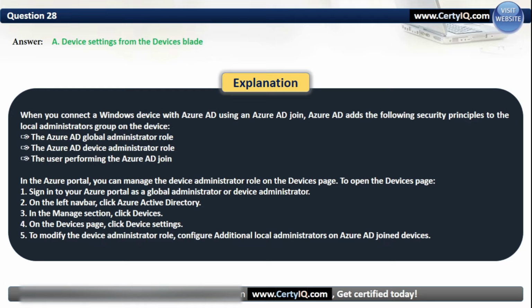To open the Devices page, first sign in to your Azure portal as a Global Administrator or Device Administrator. Second, on the left nav bar, click Azure AD. Third, in the Manage section, click Devices. Fourth, on the Devices page, click Device Settings. And lastly, to modify the Device Administrator role, configure additional local administrators on Azure AD join devices.